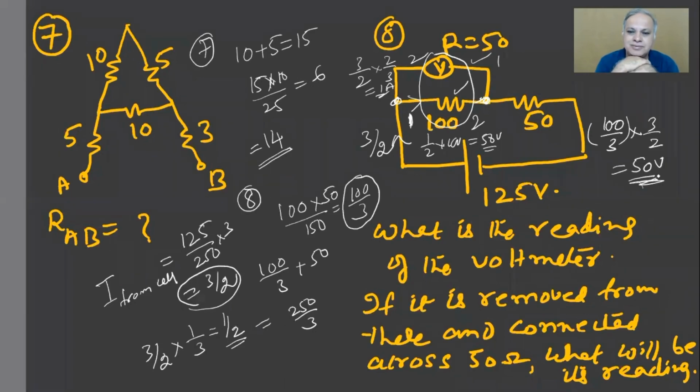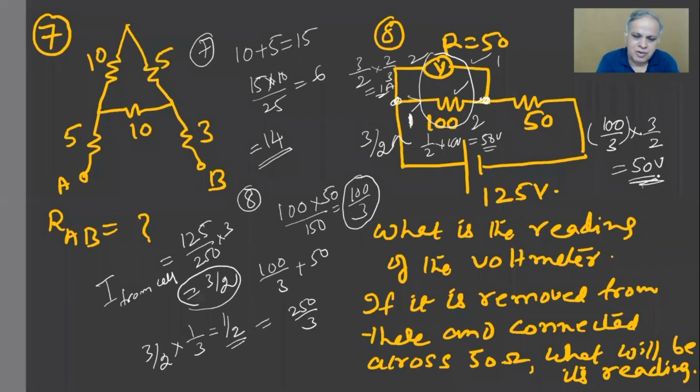So if you do it without writing, let us do that. 50 and 50 are in series, right? I'm sorry, in parallel, isn't it? When you remove this from here and connect across the other 50, what is the equivalent resistance of this 50 and 50? Tell me. 25, sir. 25 and 100 are in series.